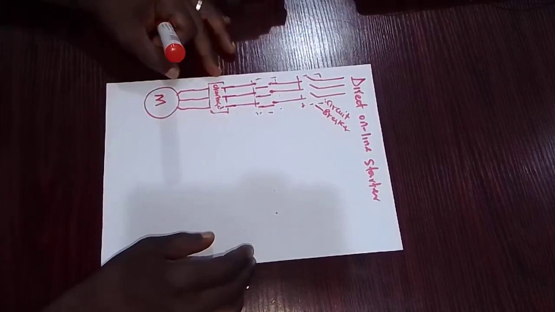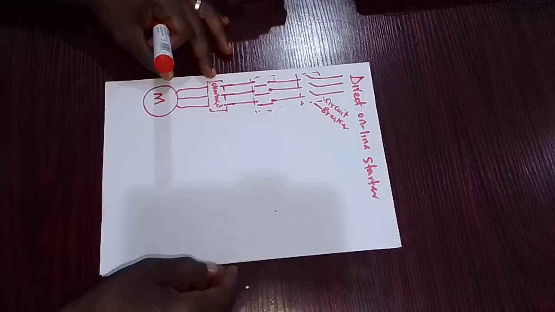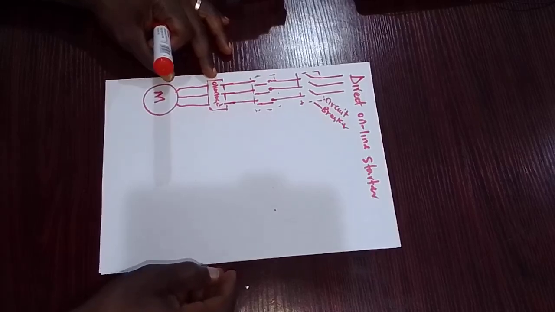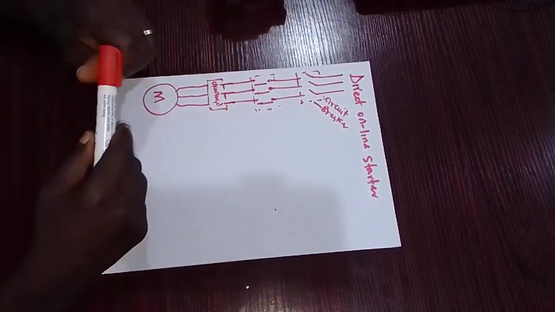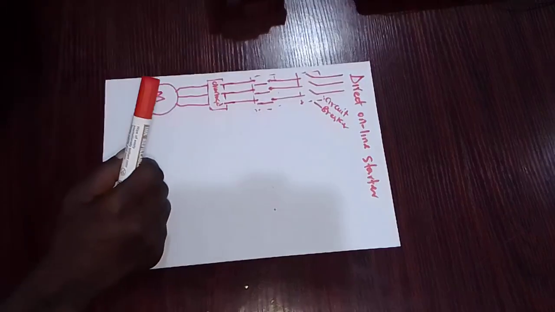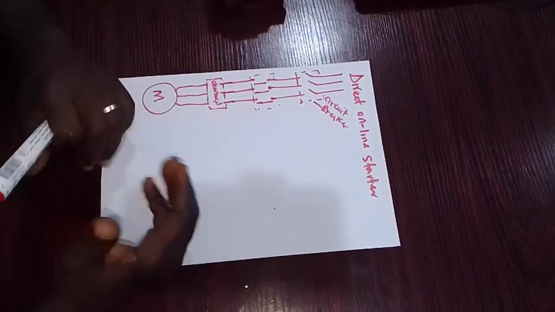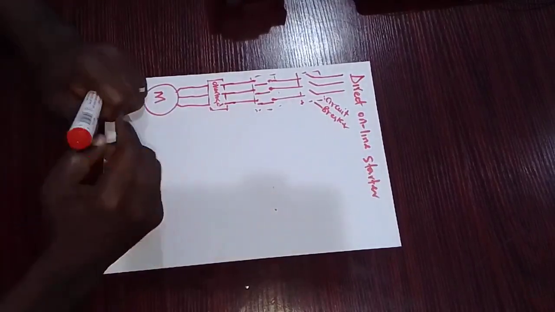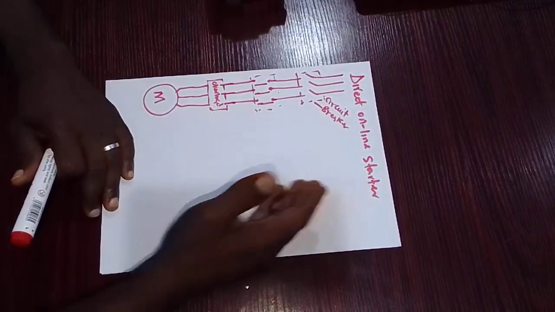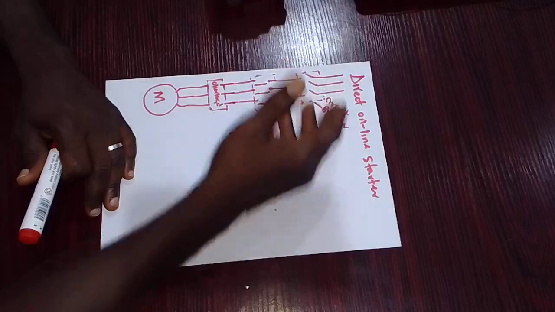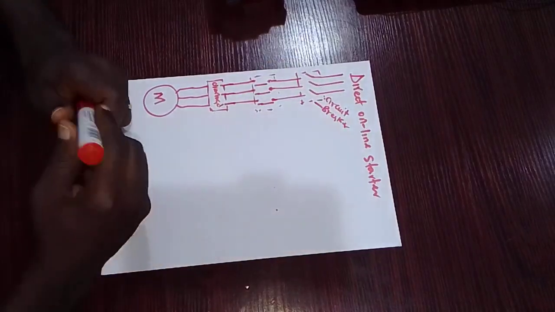Now we want to discuss also the control circuit, which is what we want to really explain with regard to the direct online starters. The control circuit is actually the direct online starter.